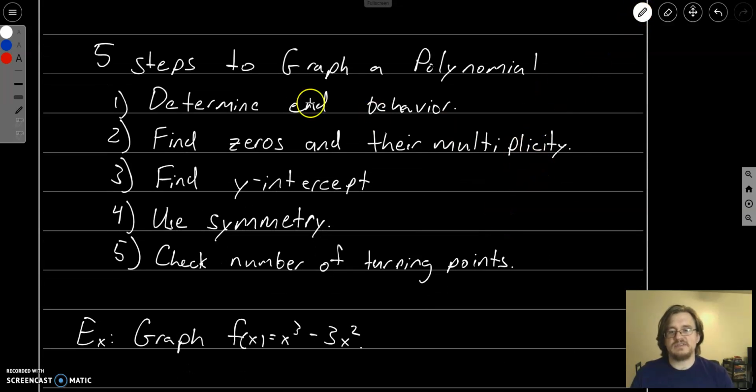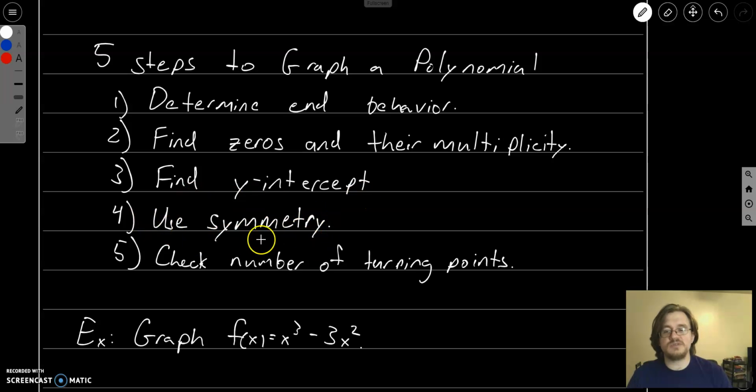So there's 5 steps to graph a polynomial. We determine the end behavior. So we look at what happens as x gets really big or as x gets really small. We find zeros and their multiplicity to know whether or not the graph will come down and just kiss the x-axis, or whether or not it'll cross through the x-axis. We can find the y-intercept to see where it crosses the y-axis.